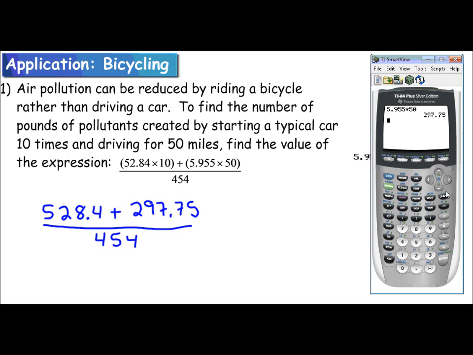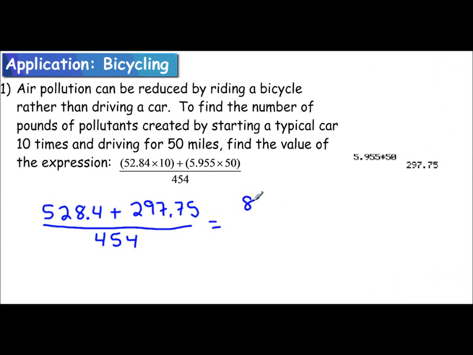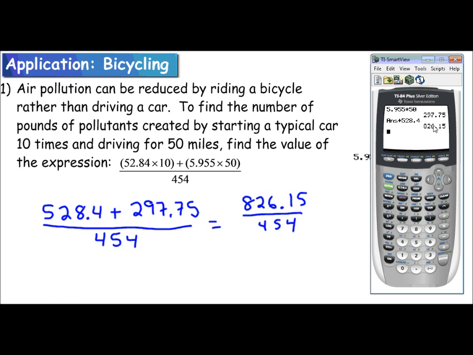So we're going to take our 528.4 and add it to the number we found, which was 297.75. And I get 826.15. And then I'm going to divide that by 454. So 826.15, I'm going to divide that answer by 454.